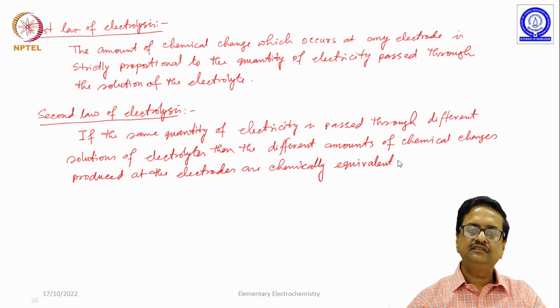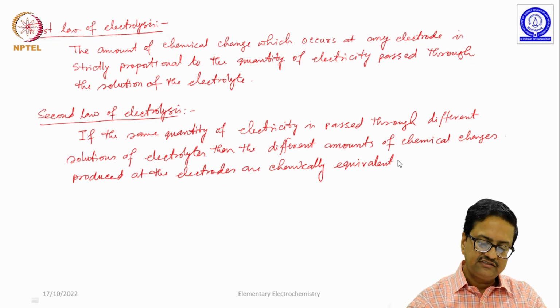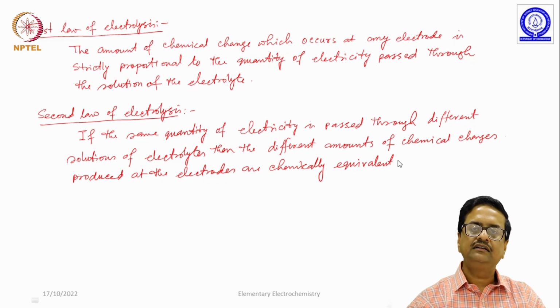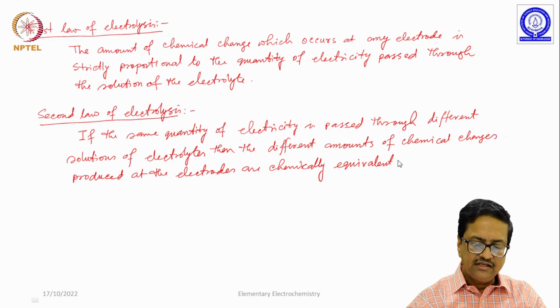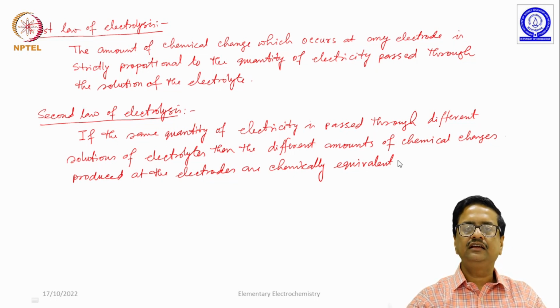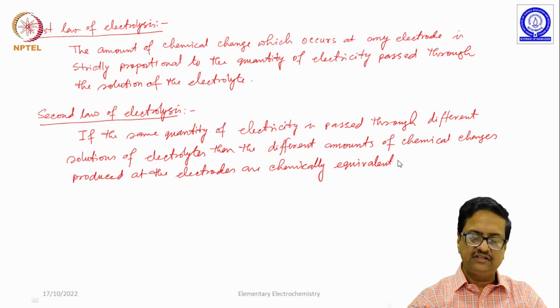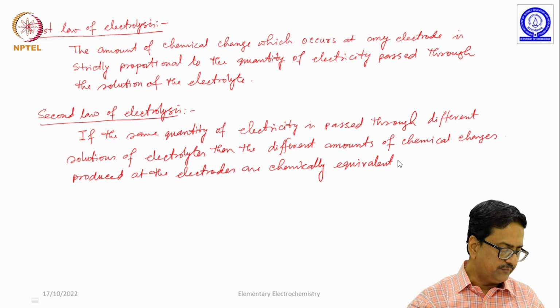And if you pass the same quantity of electricity through different solutions of different electrolytes, then the chemically equivalent amount of substance generated will be same if the quantity of electricity that is passed is same.